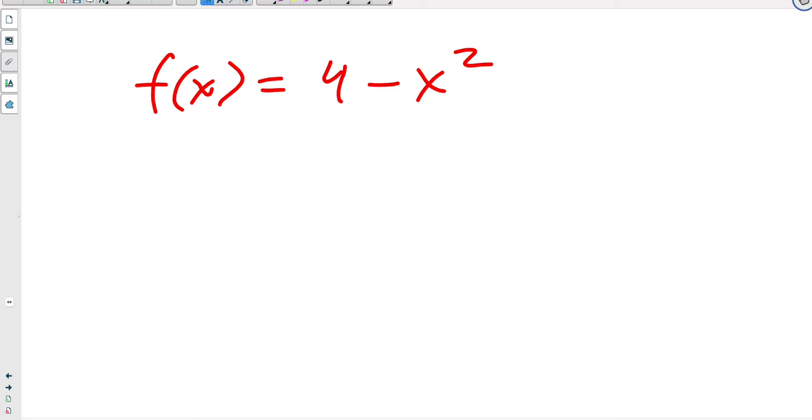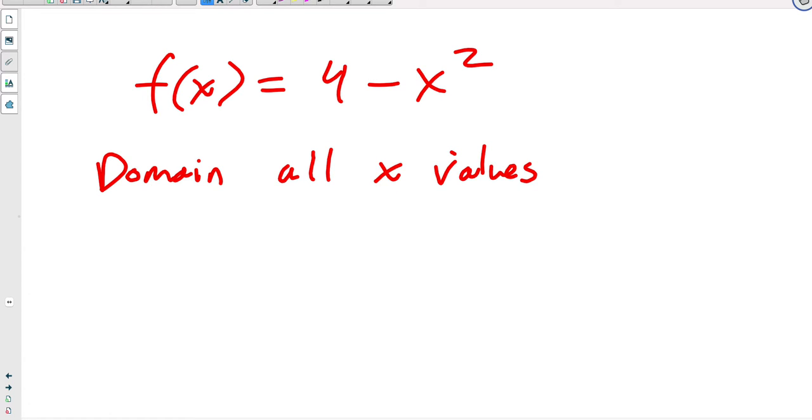You've got to find it more intuitively, because domain, if we remember, is all x values that work. And the only time an x value wouldn't work, I'm sure there are other times, but two of the main ones, is if it's in the denominator.